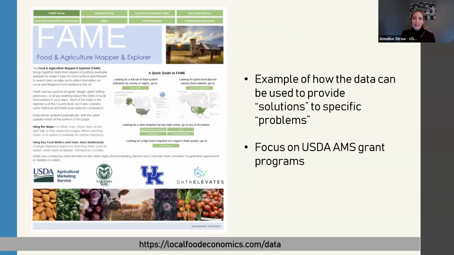So FAME is built as a Tableau dashboard, and it's an open access resource with the goal of supporting data usage in program development and decision-making to improve access to the data.